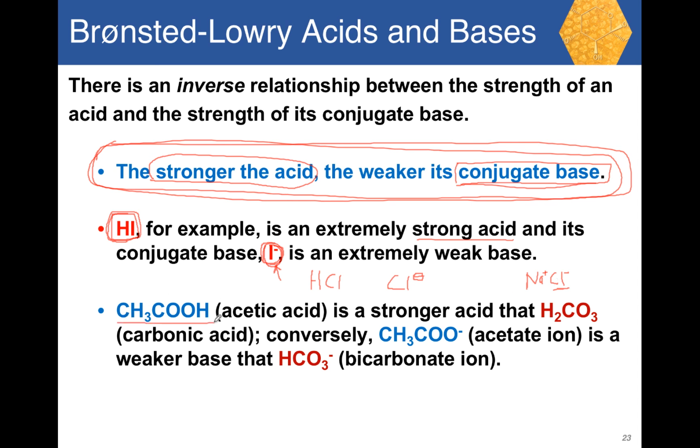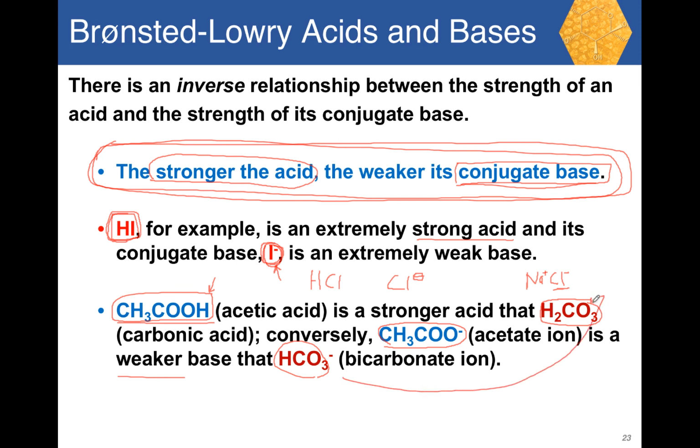Acetic acid is a stronger acid than carbonic acid. So this CH3COOH is stronger than this one. So what does that say? The conjugate base of acetic acid is weaker than the conjugate base of carbonic acid.